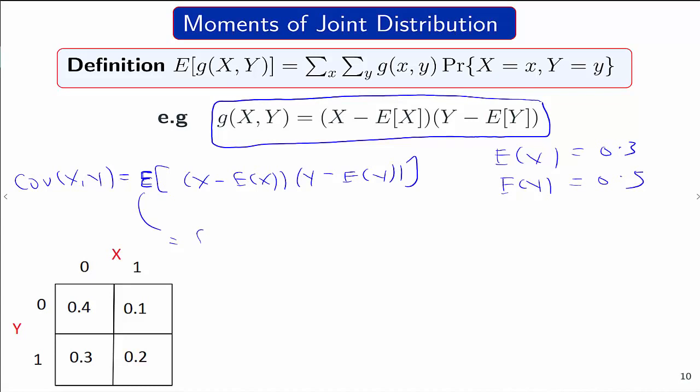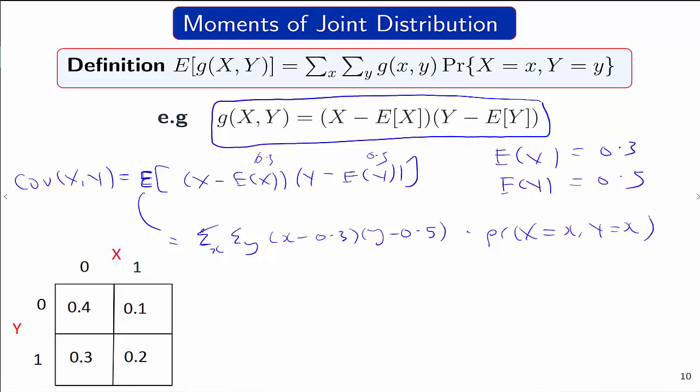So we have E of, this simplifies, using this formula from above, it's the sum over x, sum over y, every possible value Y takes, and X. So this is going to get X minus 0.3 and Y minus 0.5, because this is just plugging in 0.3 here and 0.5 there, times the probability X takes these two particular values.